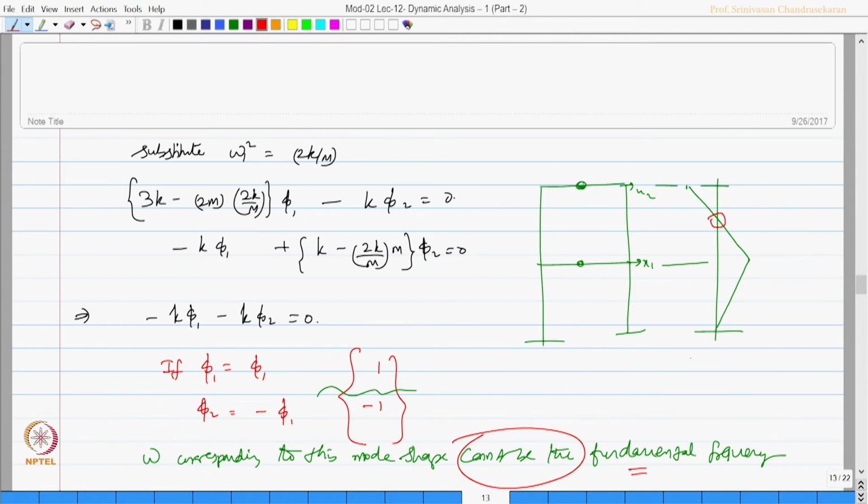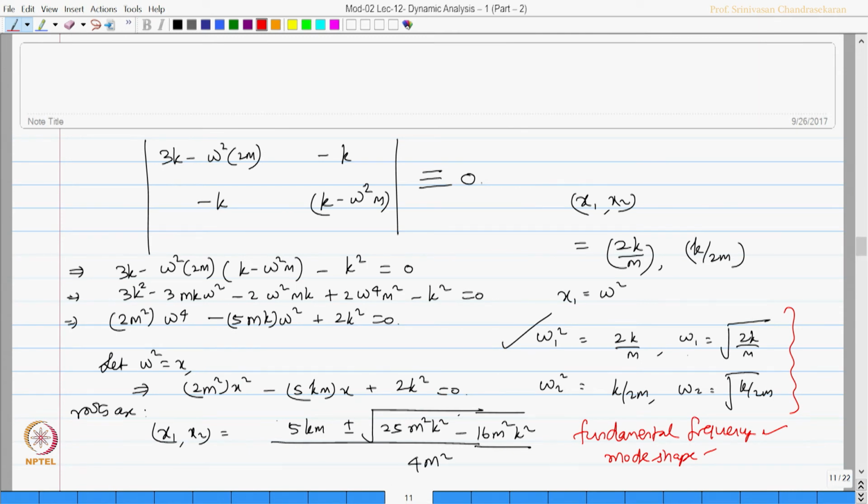It means the omega value corresponding to root of 2k by m is not the first frequency, but the second frequency, and this is the second mode shape. So, that is why I said just by saying omega 1, it does not mean that it is the first frequency. Fundamental frequency should be qualified based upon the characteristic of the mode shape.